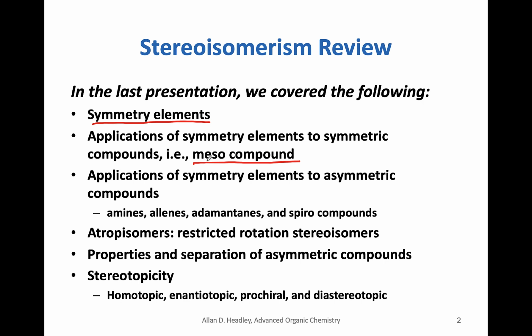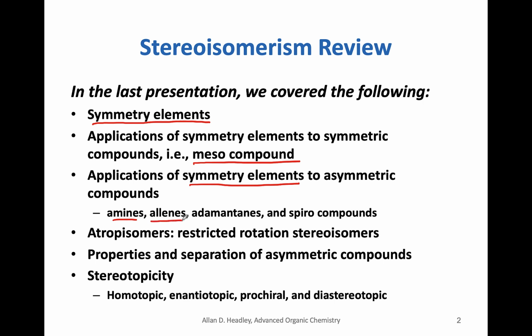Then last lecture we looked at applying the symmetry elements to amines. Notice that amines do not have 4 different groups bonded to the nitrogen, but if there are 3, including the pair of electrons, it can be optically active, especially if the groups bonded to the nitrogen are pretty large.